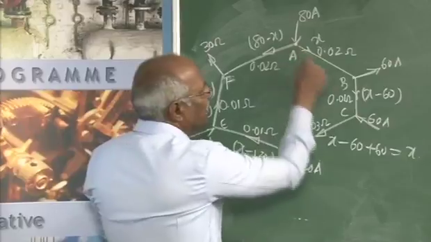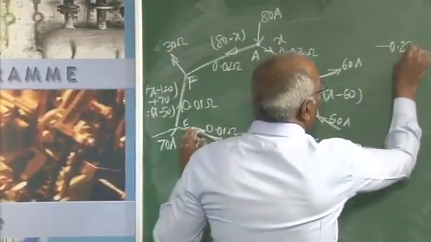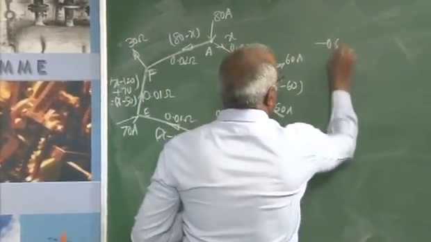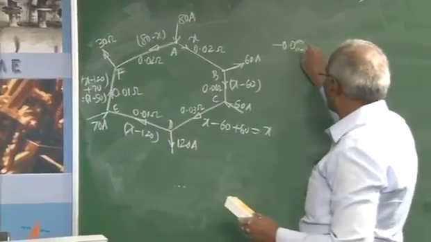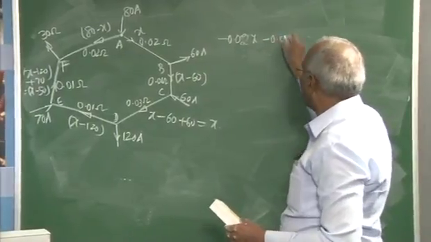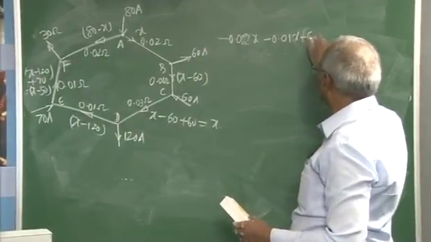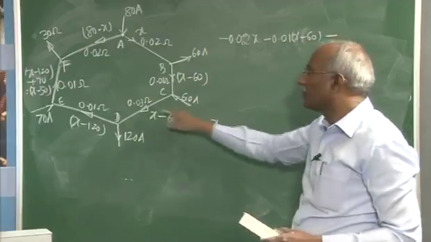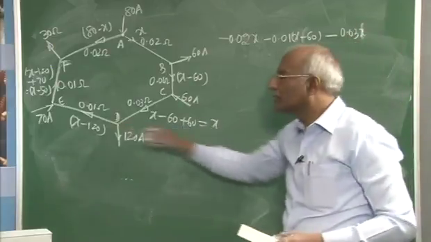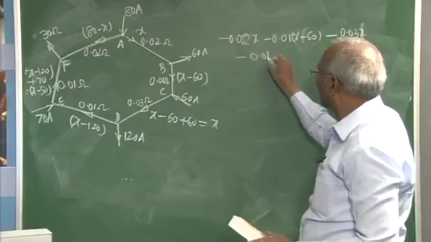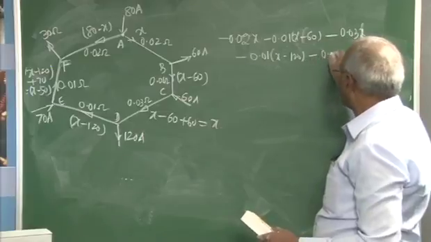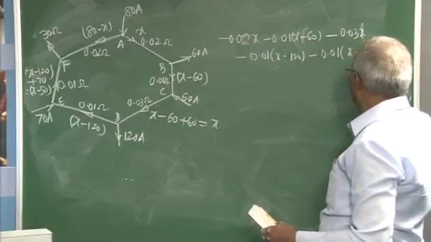In that respect, from here to here, it is minus 0.02 X, then here minus 0.01 into X minus 60, minus, coming to this, 0.03 into X, for this minus 0.01 into X minus 120, then minus 0.01 into X minus 50.